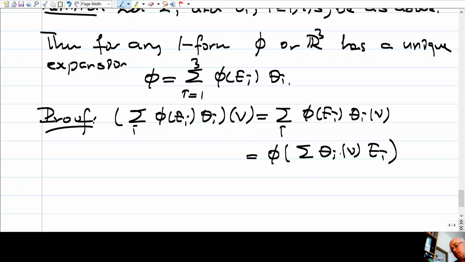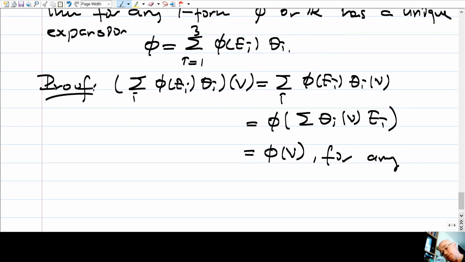Yes, these are just some numbers, and this is equal to, for any vector field V. Hence we are done.